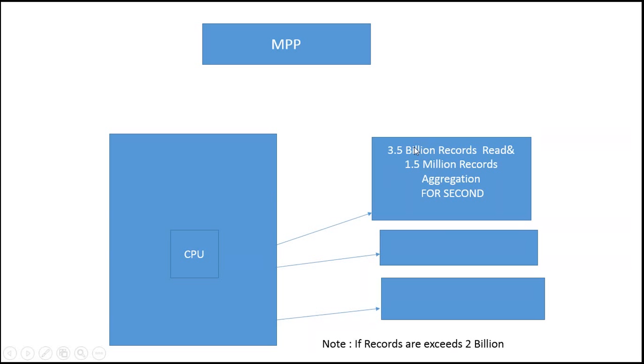Each core CPU can handle 3.5 million records reading and 1.5 million records aggregation per second, not a minute.